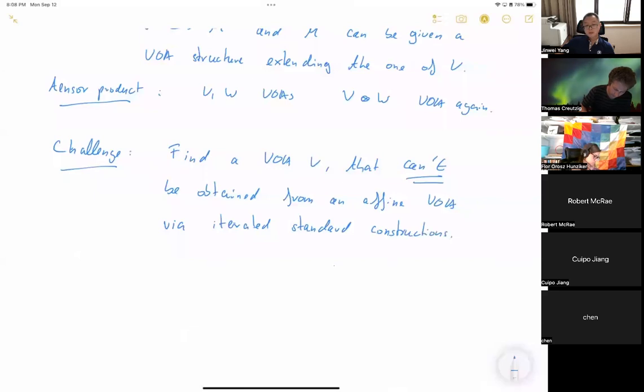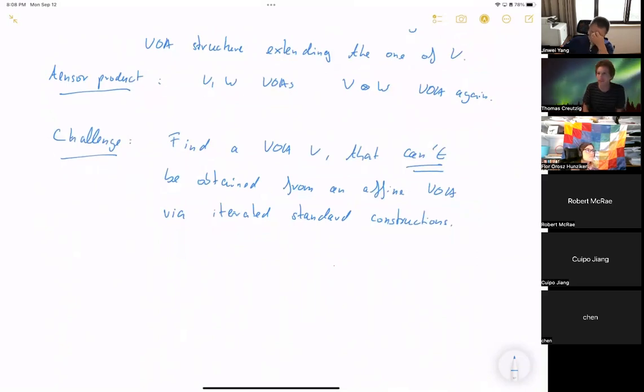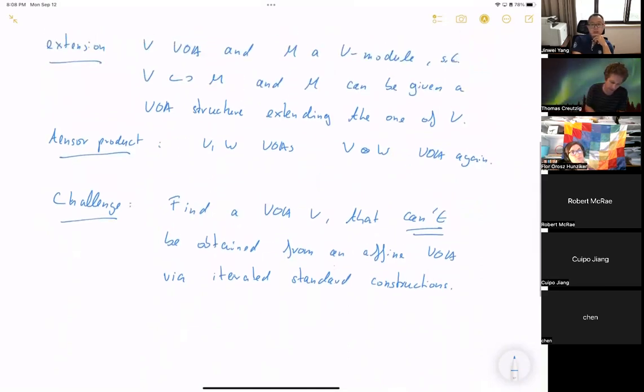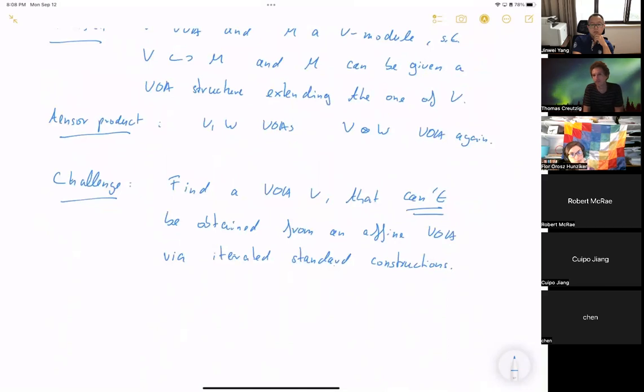There's a famous conjecture called the Auger conjecture. Auger found a small modular tensor category that looks like it admits an underlying VOA, and it is completely open how to construct it. In any case, many people have invested energy into this challenge, and to my understanding, it's completely open. I want to turn this around and say this is a motivation. What are we interested in VOAs for? These are some kind of algebraic structures.